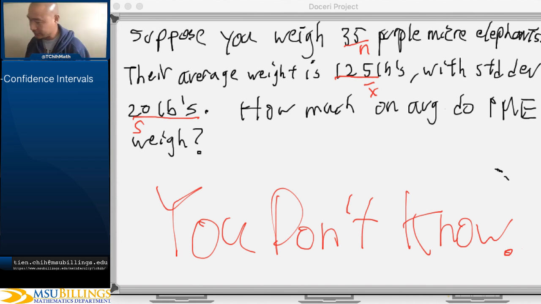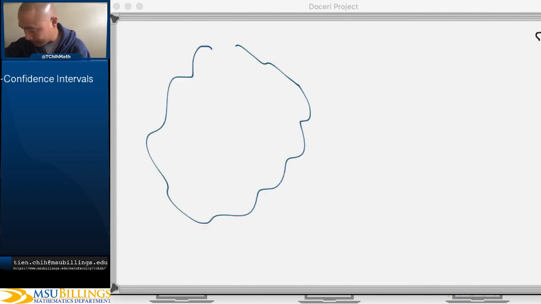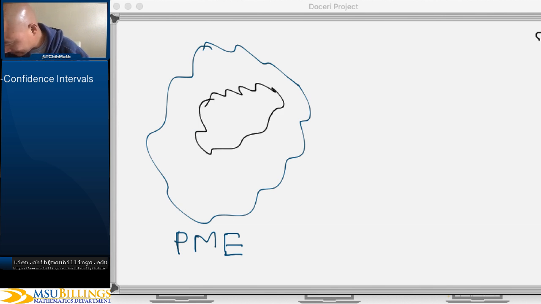All right. So to see how we think of this, we imagine that out there somewhere are all of the purple microelephants. And from that collection of purple microelephants, here's a sample.